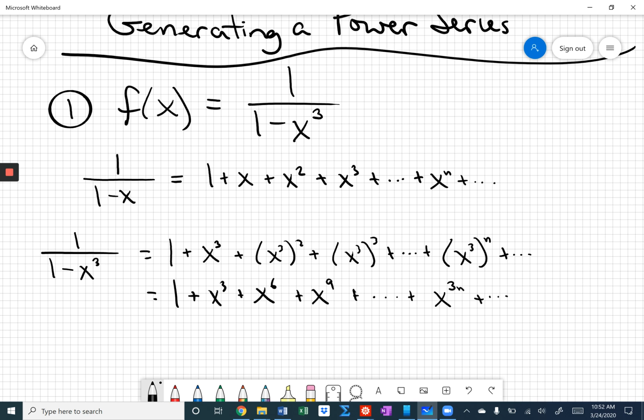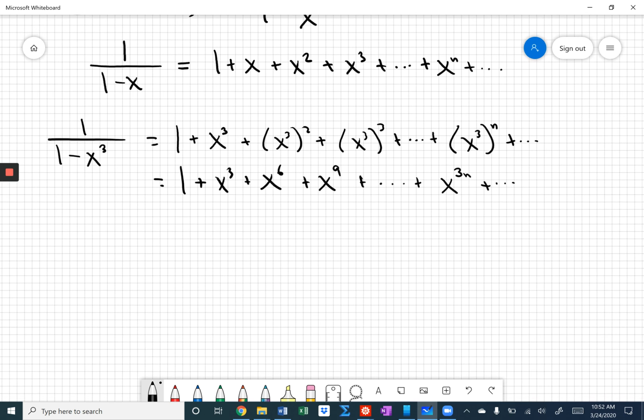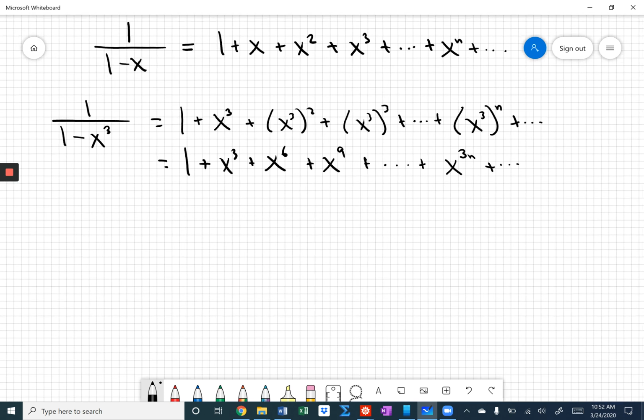And now to find the interval of convergence, we just have to realize that this is a geometric series. The common ratio is x cubed, and a geometric series will converge when the magnitude of the common ratio is less than 1. That happens to be when just the magnitude of x is less than 1 as well.